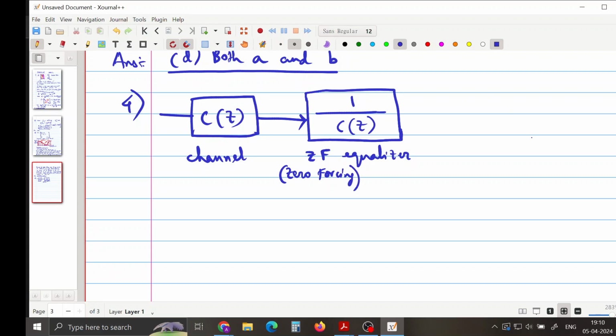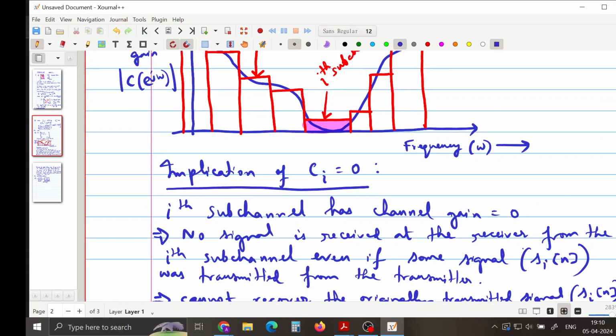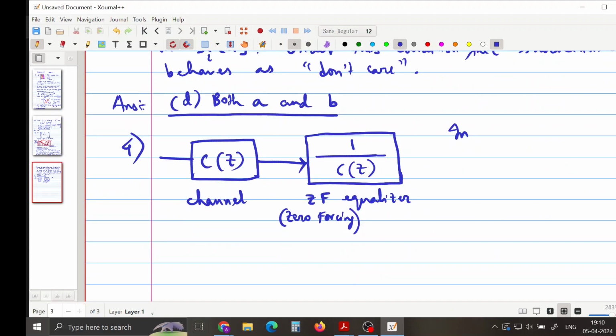You can refer to any textbooks if you want to know this in detail. As I said, in the previous question, Ci equal to 0 is a very strict, ideal and specific case.